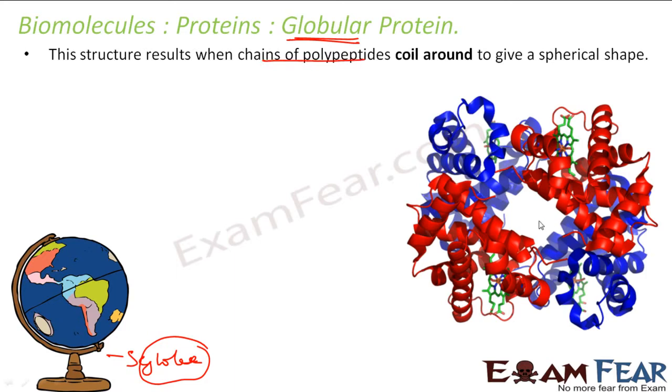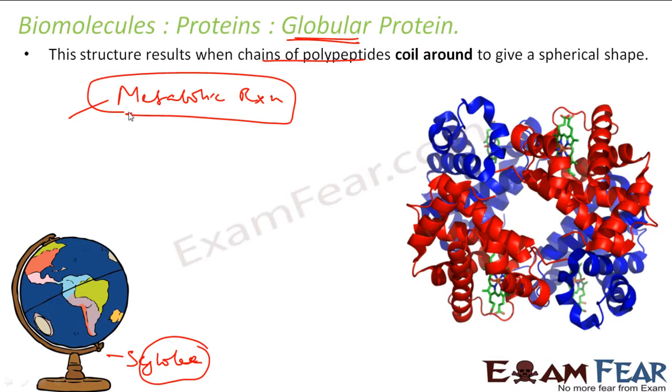For example, insulin, and they have complex tertiary and secondary structure also. The final structure is like a globe, and that's why it's called globular protein, and they have a role in metabolic reactions. Hemoglobin and enzymes are examples of this globular protein.